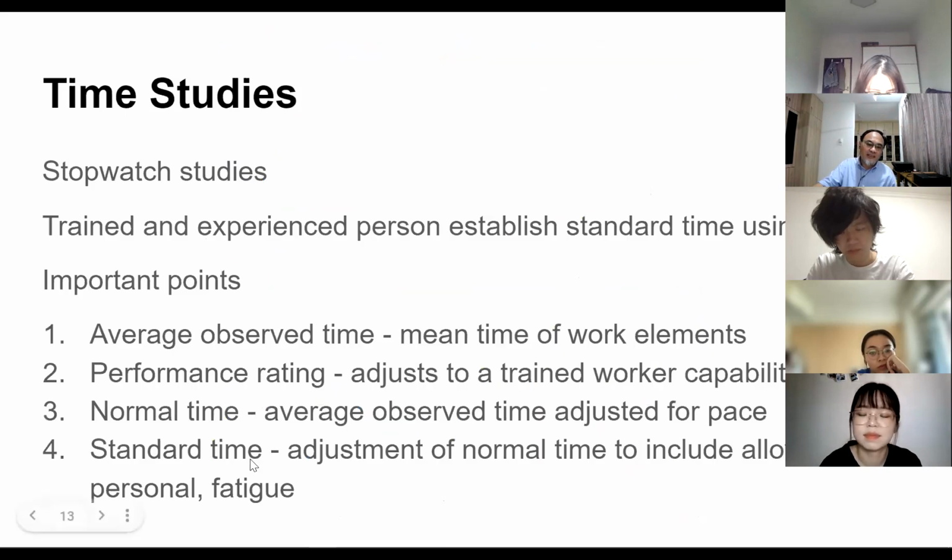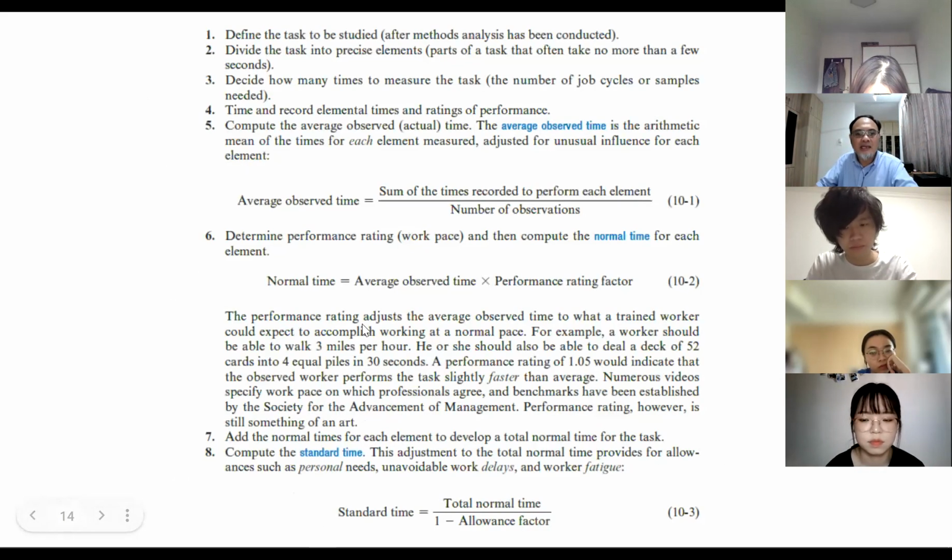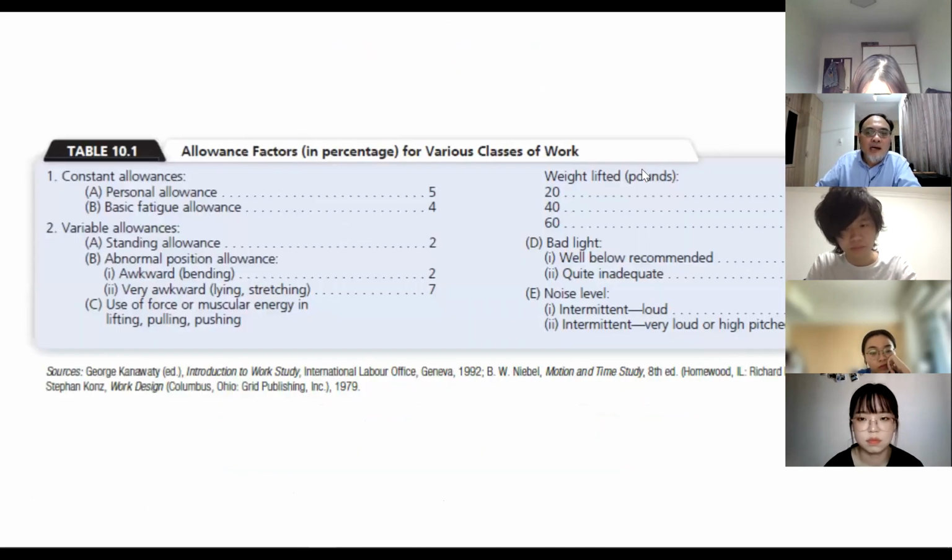That's why I said just now, this is important when we set standard time: adjust the normal time to include allowances for personal needs, fatigue, and delays. There are various tables, but this is just one example. Allowance factors for various classes of work: personal allowances 5%, basic 4%, and so on. Weights, bad lighting, noise level, and so on.